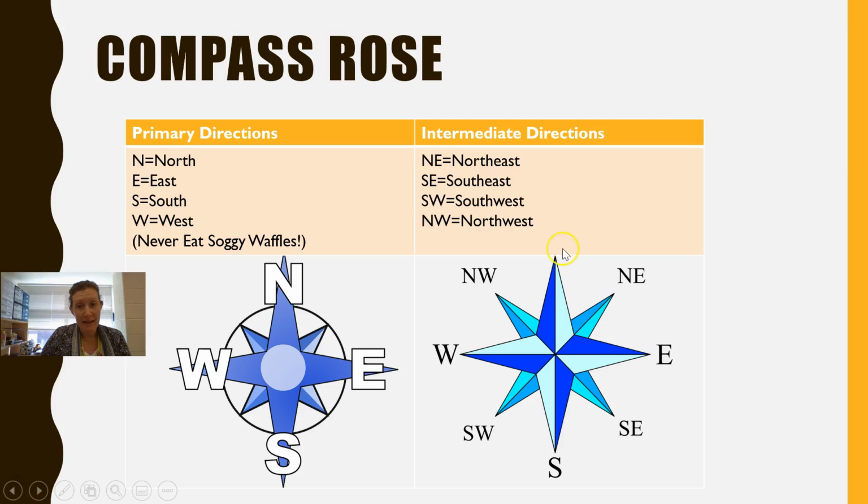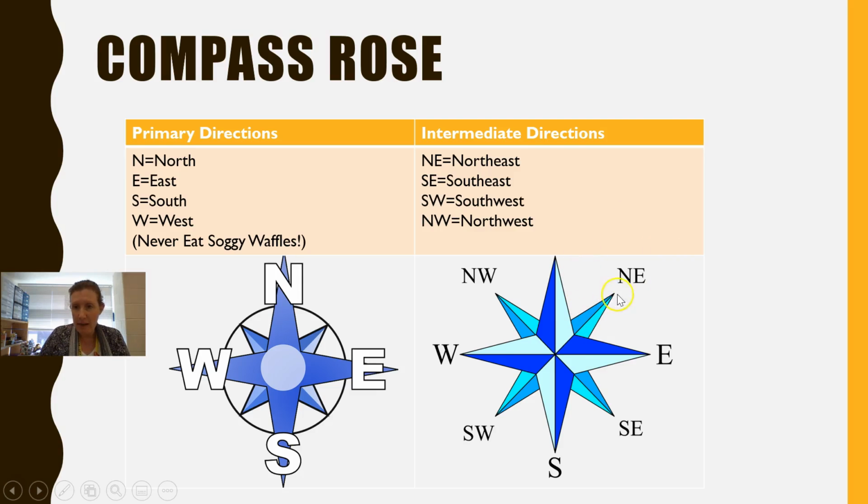but this part of this compass rose is north and there's east. Well, if you're going in between those two directions, if you're not going straight north and you don't need to go east, then you might need to go northeast.